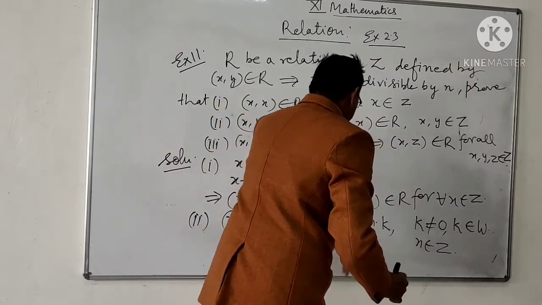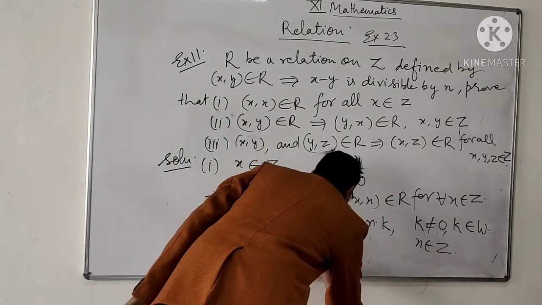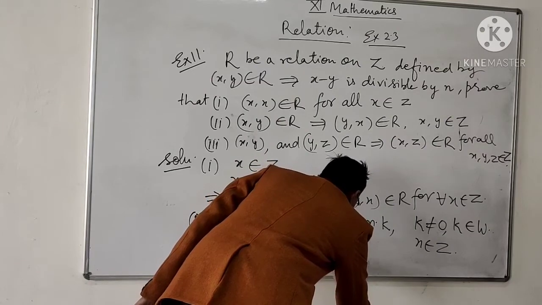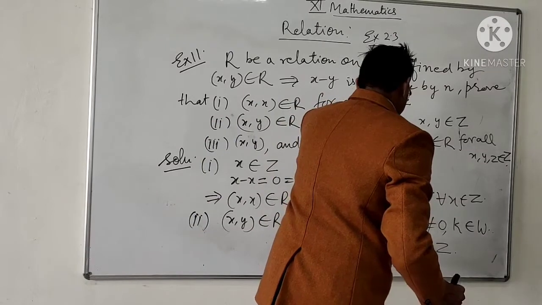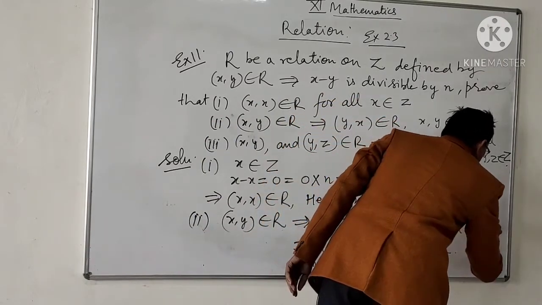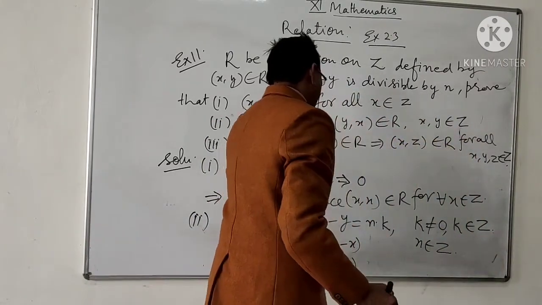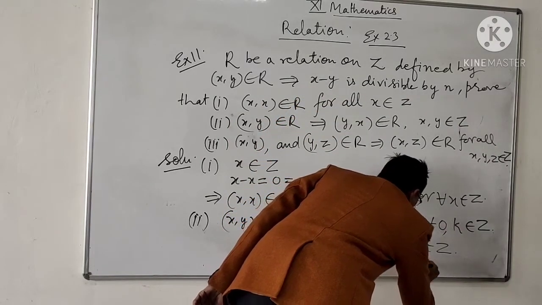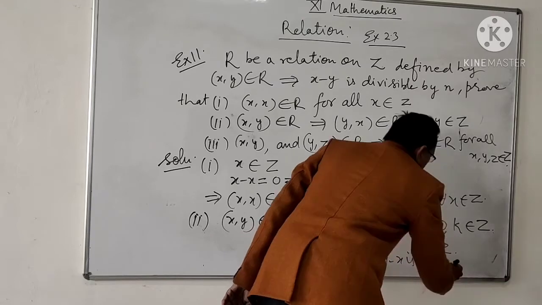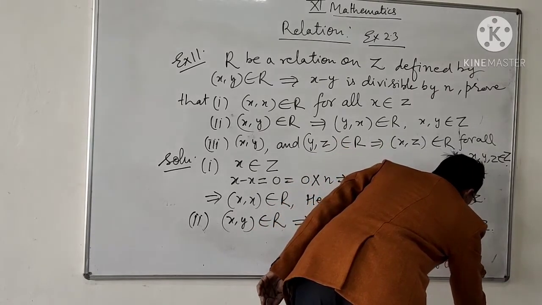So y minus x can be written as n into minus k, and minus k is an integer. So y minus x is also divisible by n.